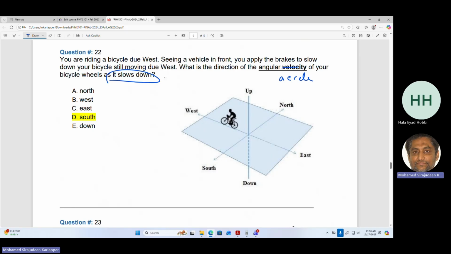Three things, right? Speeding up or slowing down, that is two. What if you're going with constant velocity? Acceleration is zero. When acceleration is zero, can you talk about a direction? So I should have an answer which says none of the above, or no direction, or something like that.